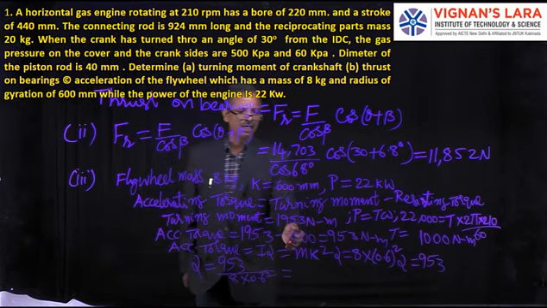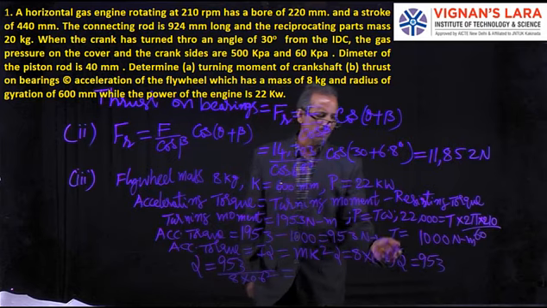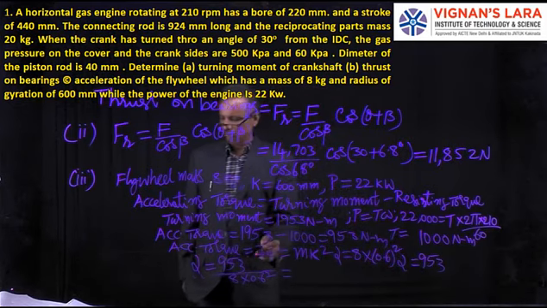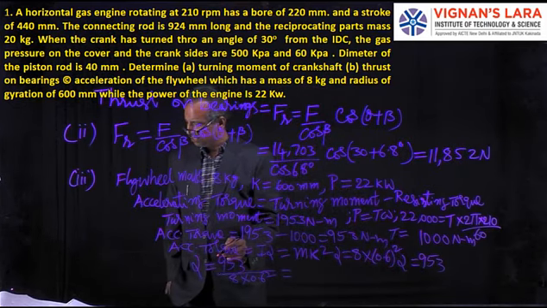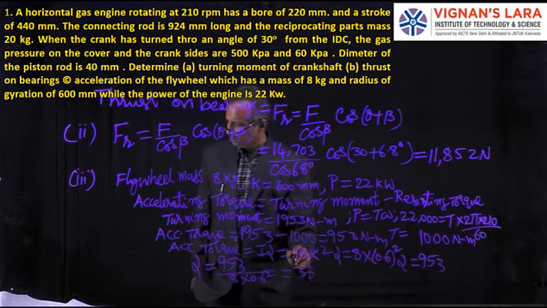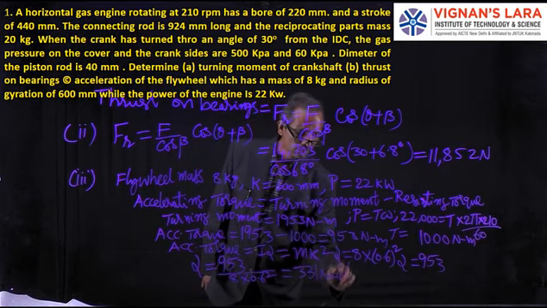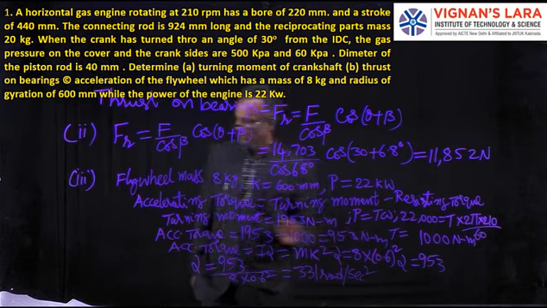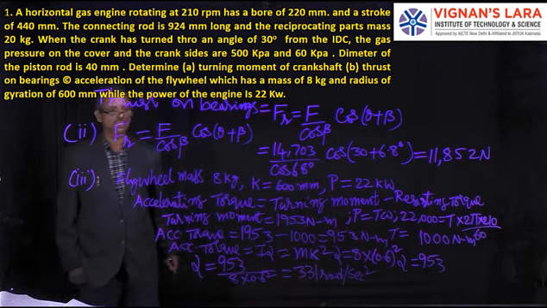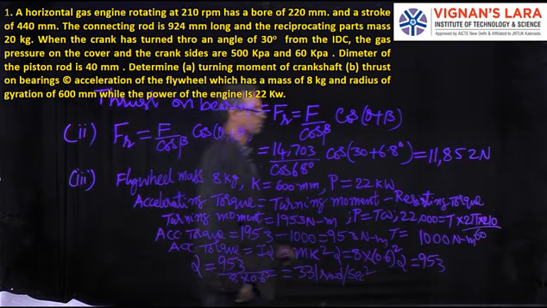Then we get alpha is equal to 331 radians per second square. That is the last part.